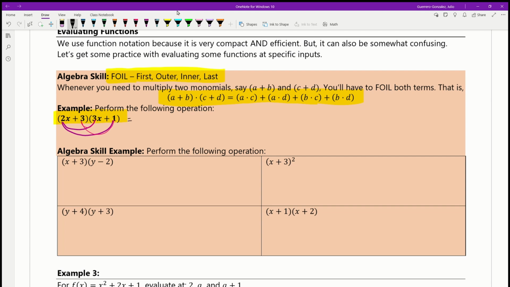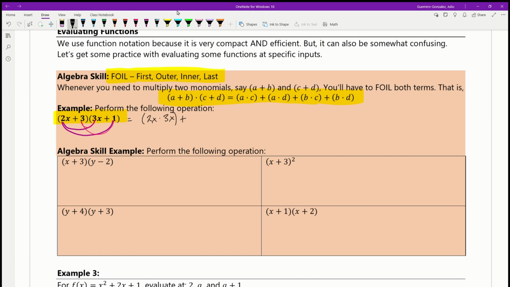So let me go ahead and do the multiplications out. I'm going to say them out loud and then do them, and I'm going to write them out separately and then combine them all together. So the first, it's going to be 2x times 3x. So I'm going to write those out. So it's going to be 2x times 3x plus outers.